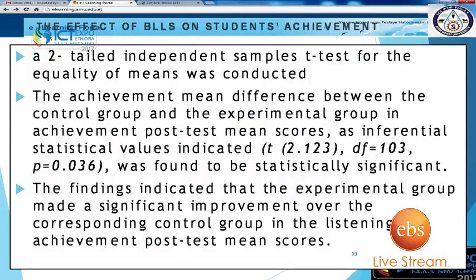And then I had to check the effect of the blended listening lessons on the students' achievement. A two-tailed independent sample t-test for the equality of means was conducted, and the achievement mean difference between the control group and the experimental group now became significant. That was statistically proved.